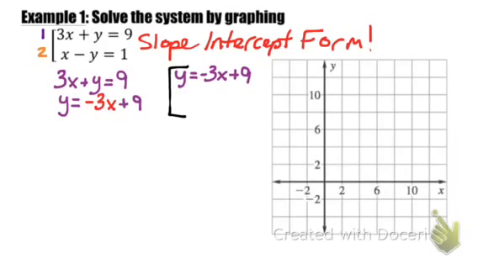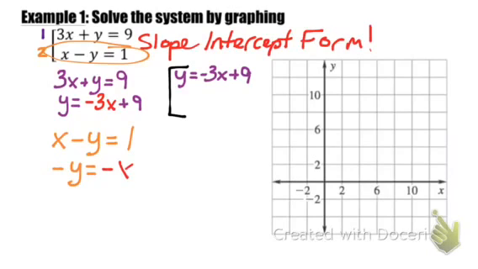Now the second equation in orange, x minus y equals 1, also needs to be written in slope-intercept form. So I'm going to take my equation x minus y equals 1, and I'm going to bring the x to the other side by subtracting from both sides, leaving me with negative y equals negative x plus 1. And because I'm not quite in slope-intercept form, I need to divide both sides by negative 1.